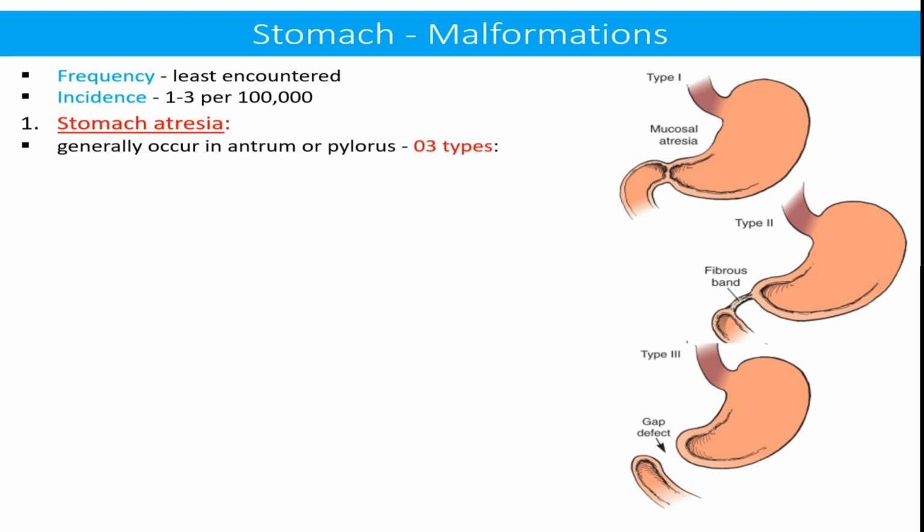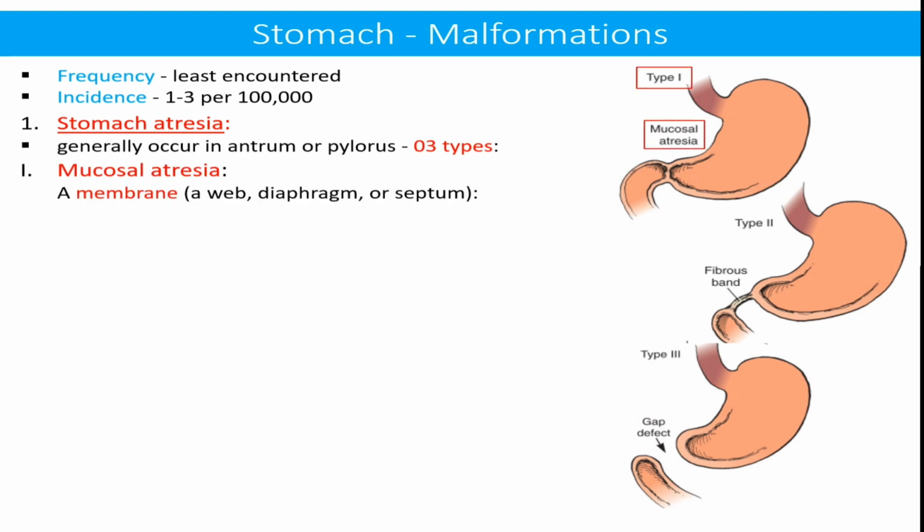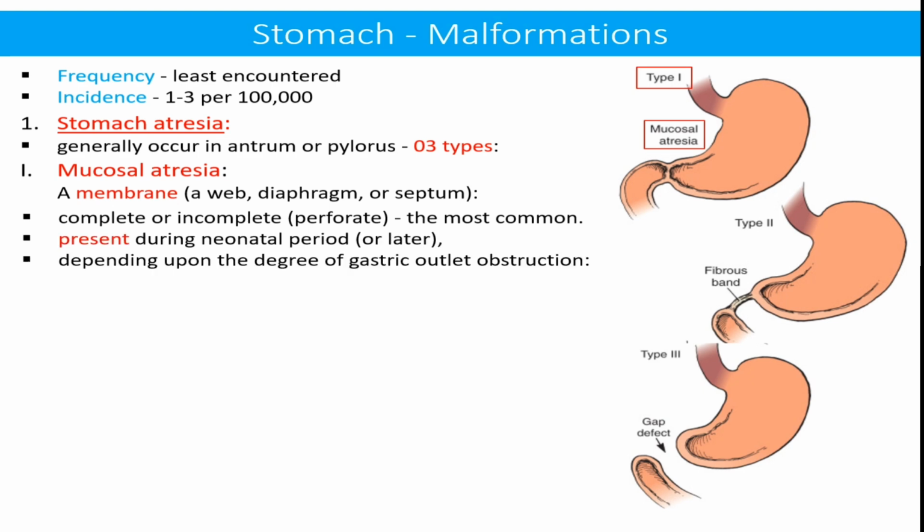This type of malformation generally occurs in the antrum or pyloric region of the stomach, and there are three types. First one is the mucosal atresia, which is present as a membrane or a septum. It may be complete or incomplete and is the most common type of all the three.